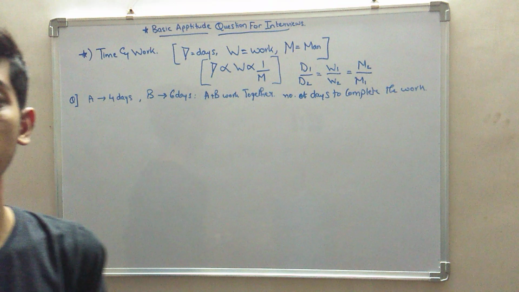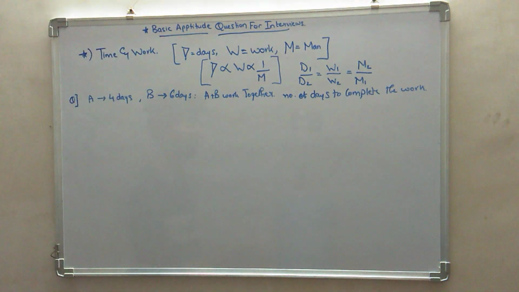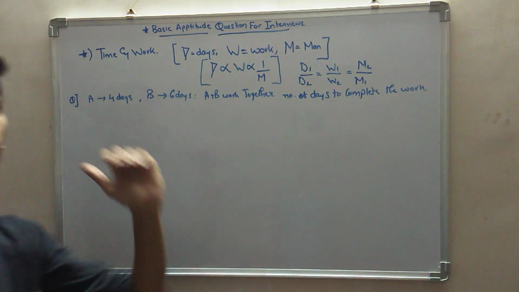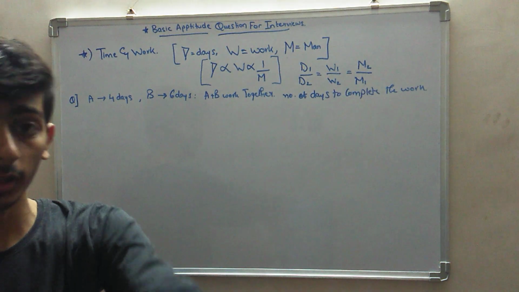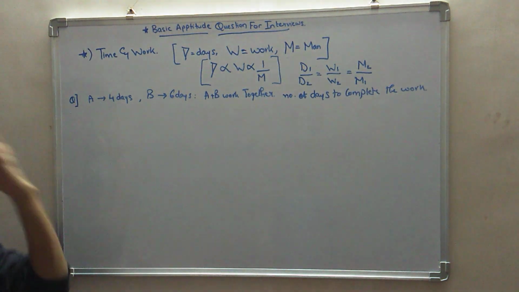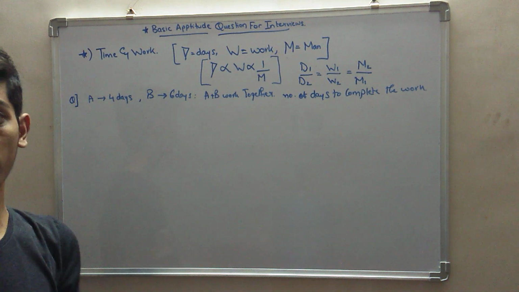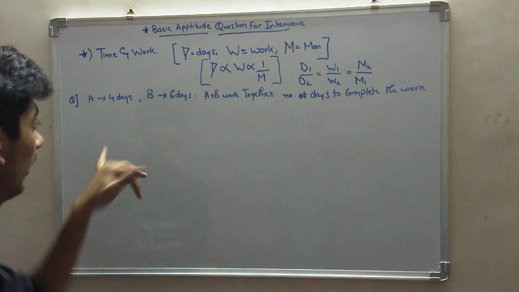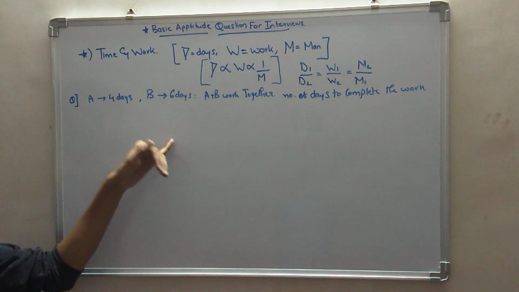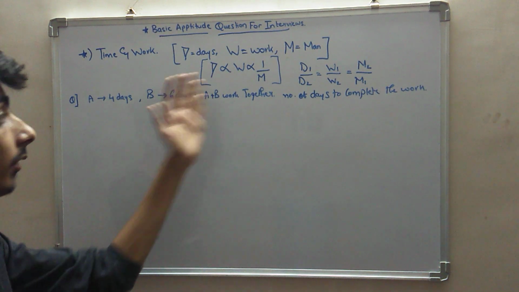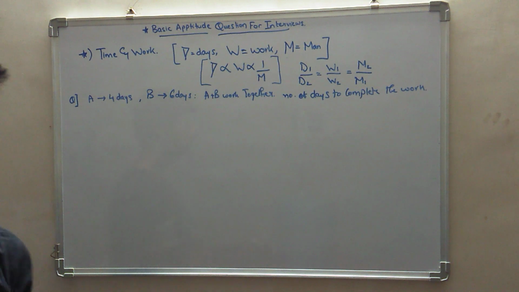Understand that in such questions the work is the same, it's not that A completes some different work or B completes another type of work. If you consider a work of writing 2 pages, A completes it in 4 days, B takes 6 days. Now if they are working together, how much time will it take?